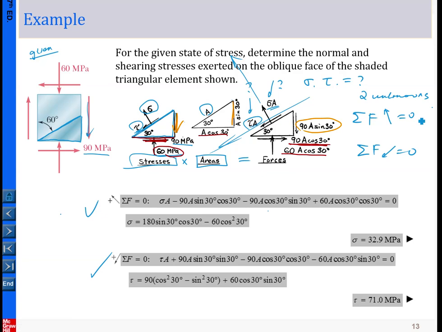So two equilibrium equations allow us to solve for the two unknowns, so if your calculation is correct, and you do this patiently, you should get this answer. Good? Okay, so that is a very simple illustration. We should be able to repeat this process to determine the stress, and that stress basically is the stress in the new orientations.